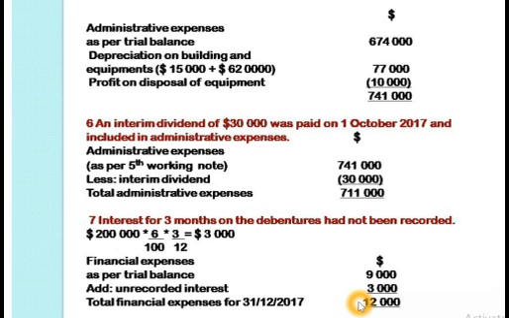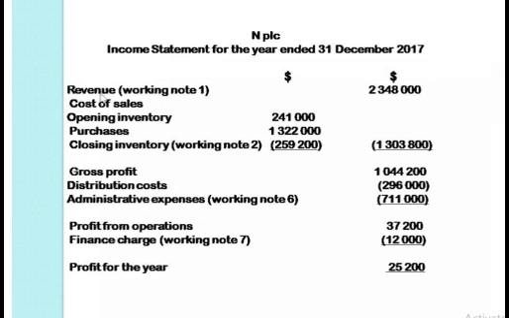Now we are done with the adjustments. We will proceed and make the income statement. In the income statement, we are going to take the revenue which we got from the first working note, and from this we are going to subtract the cost of sales.